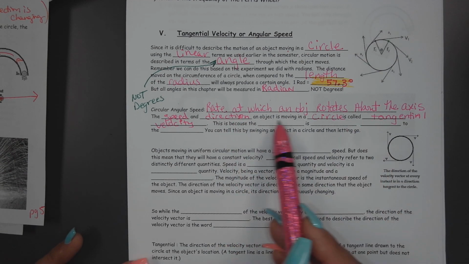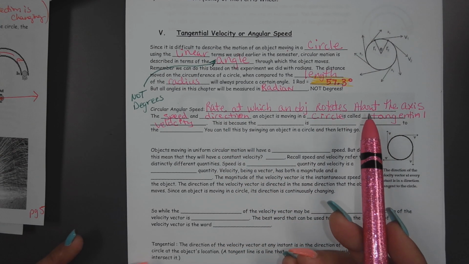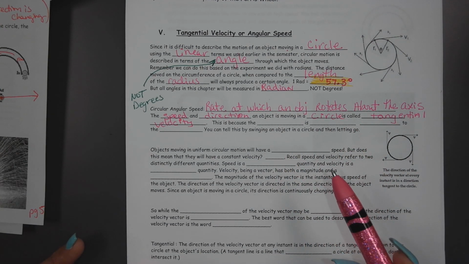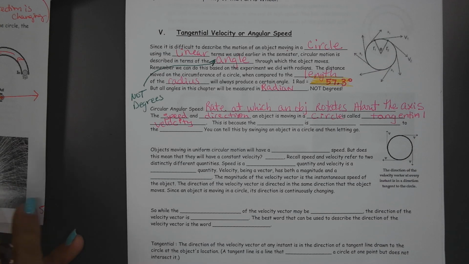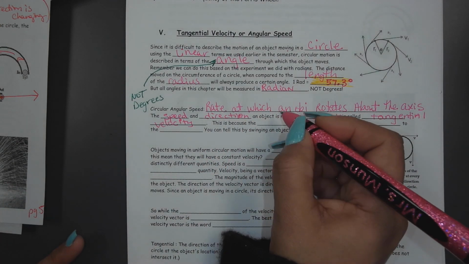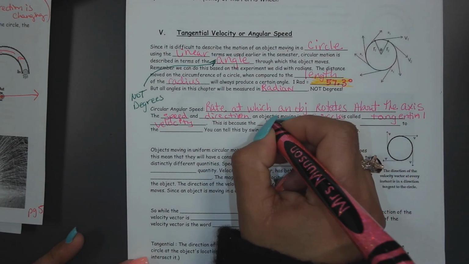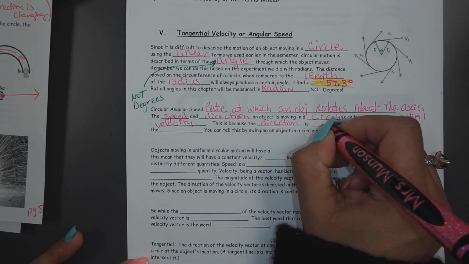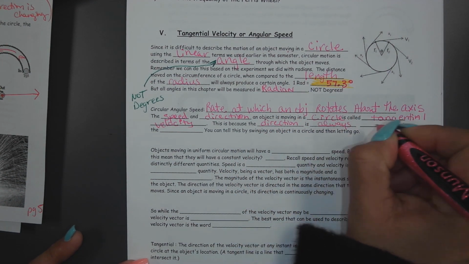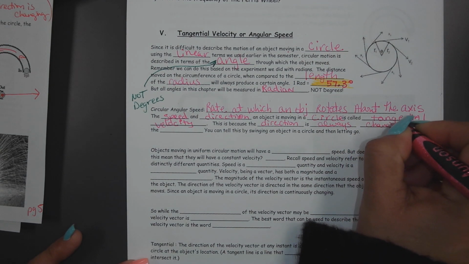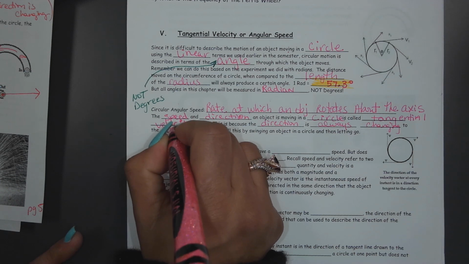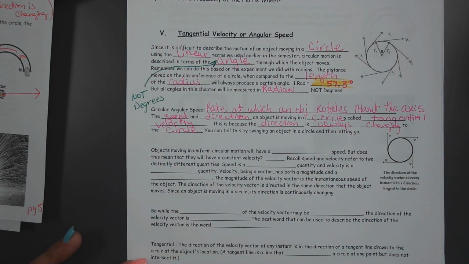Tangential velocity. But in math class, you might have used the word tangent, a tangent line off the circle, right? So you might have used that form of the word. This is because it says here, the direction is always changing in that circle to form the circle.